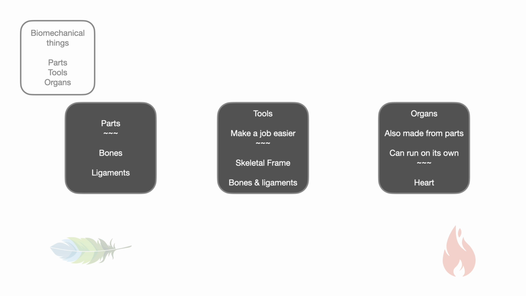A lot of the format that I use here is form and mobility for biomechanics. So you put some bones and ligaments together and you've got yourself a skeletal frame, definitely helping with form and also mobility.